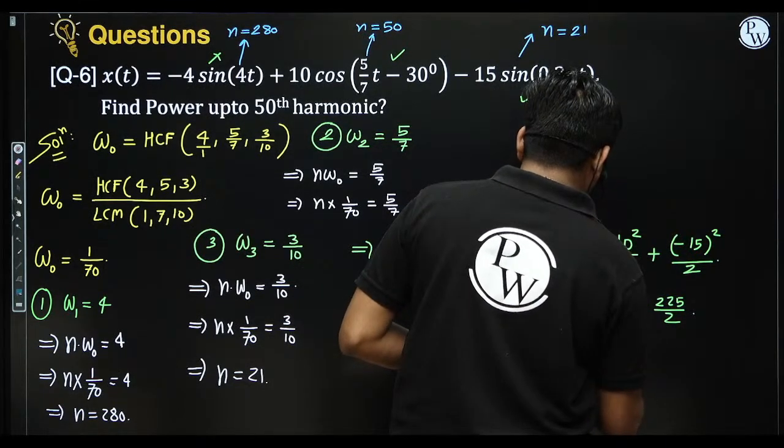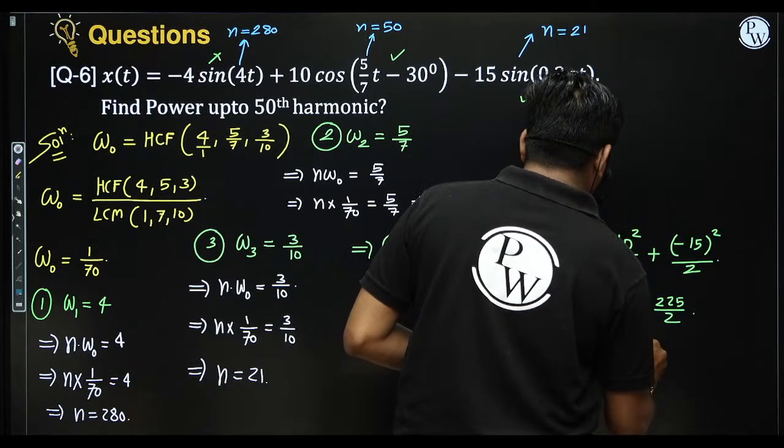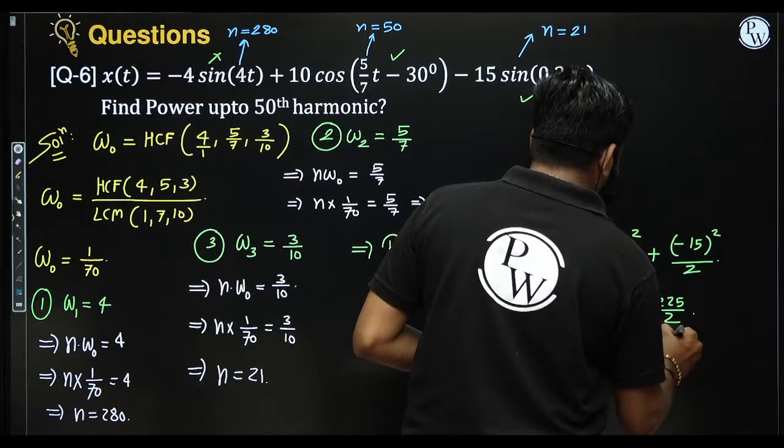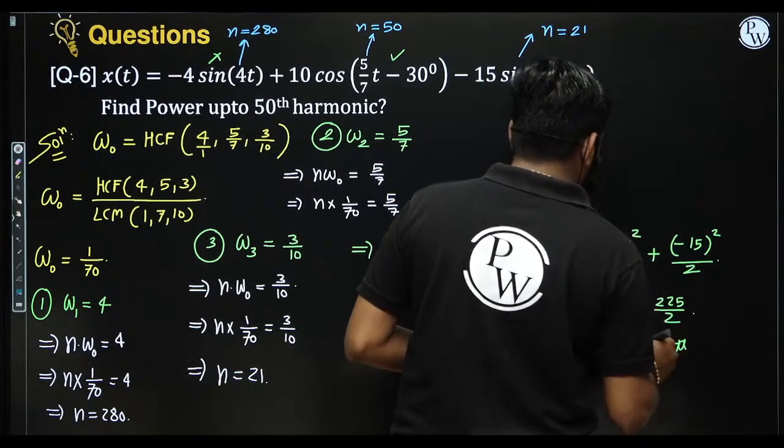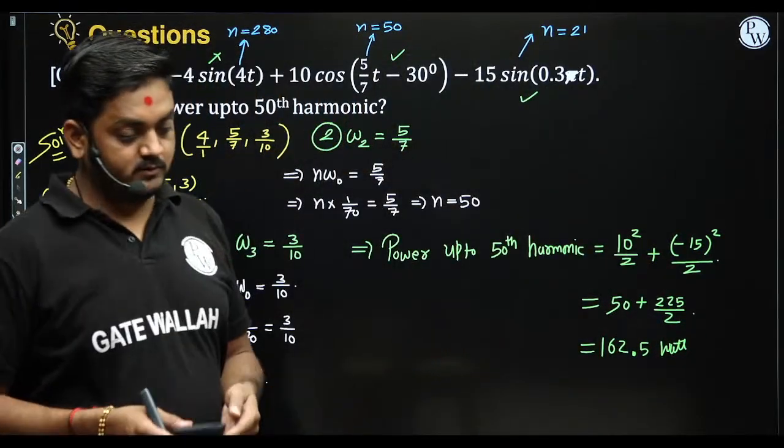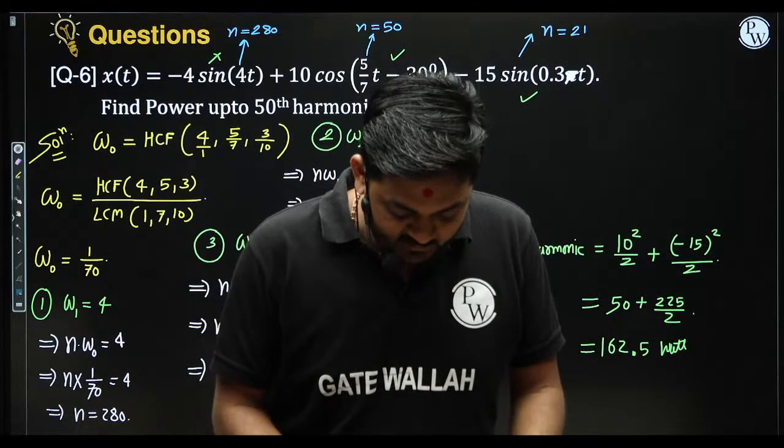So what is the power up to the 50th harmonic? The answer is 162.5 watts. Correct? So in this way they can ask the question.